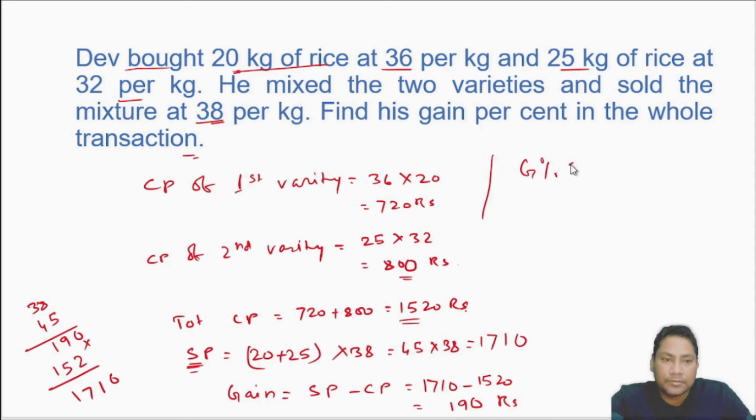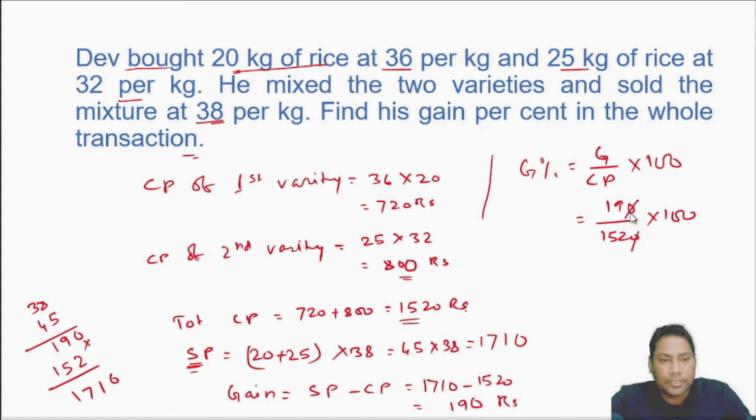The gain percentage formula is gain divided by cost price multiplied by 100. The gain amount is 190 divided by the cost price, 1520, multiplied by 100.